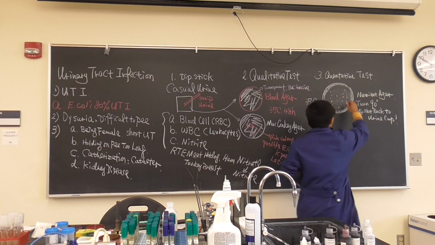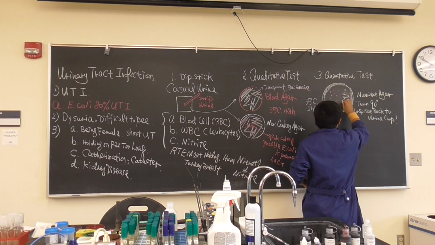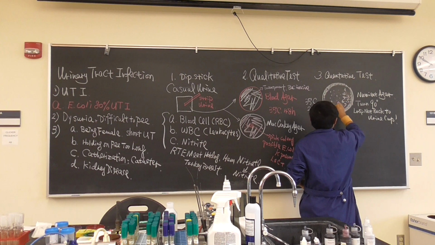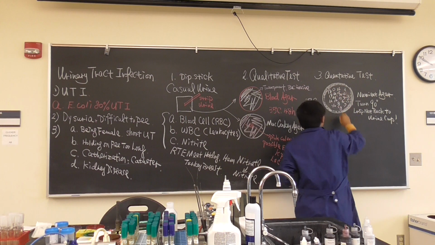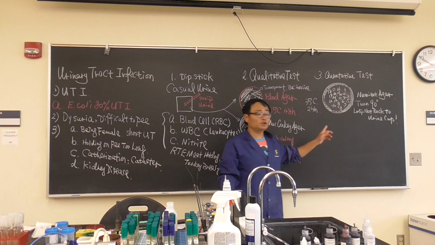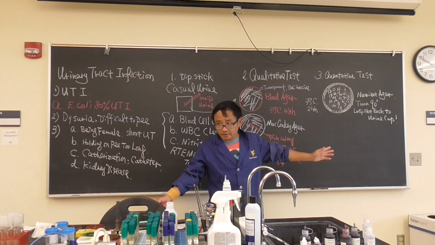So let's count. 1, 2, 3, 4, 5, 6, 7, 8, 9, 10, 11, 12, 13, 14, 15, 16, 17, 18, 19, 20, 21. There are 21 colonies there. So how many bacteria are in the urine sample? What is the concentration?